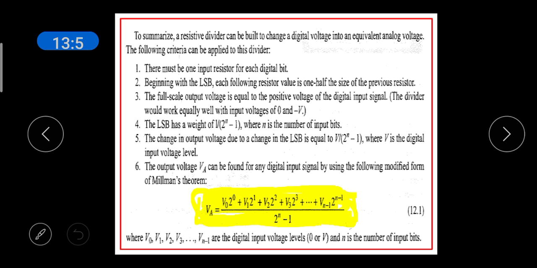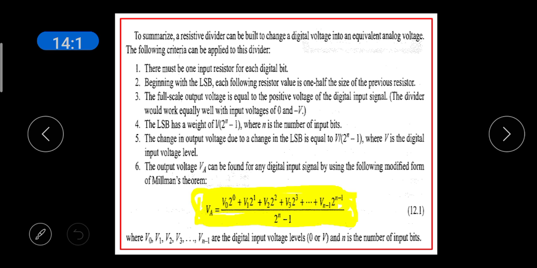The full scale output voltage is equal to the positive voltage of the digital input signal. The lowest significant bit has a weight of 1 by 2 power n minus 1, where n is the number of input bits. The change in output voltage due to a change in the lowest significant bit is equal to 1 by 2 power n minus 1 into V, where V is the digital input voltage level.